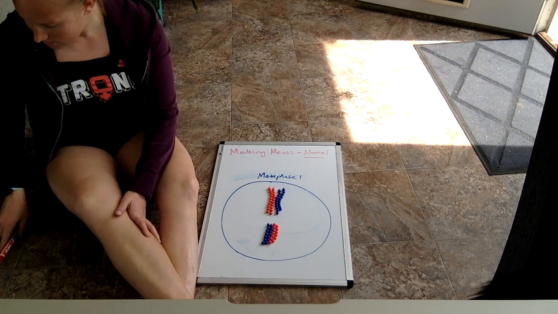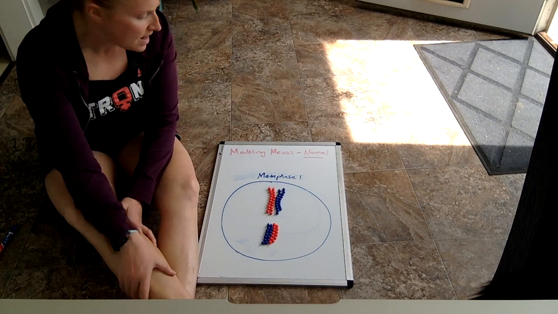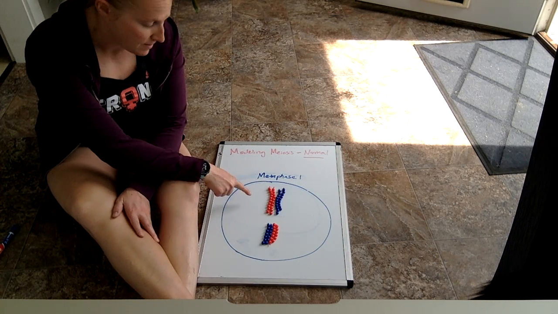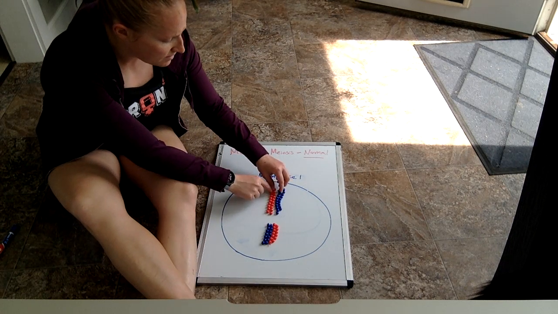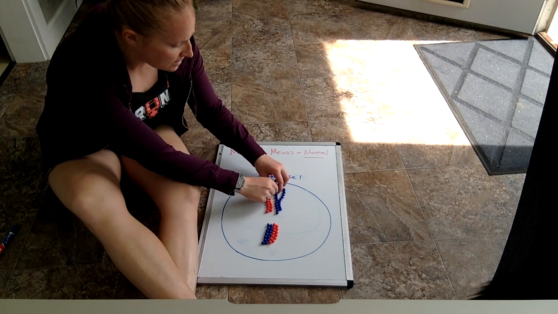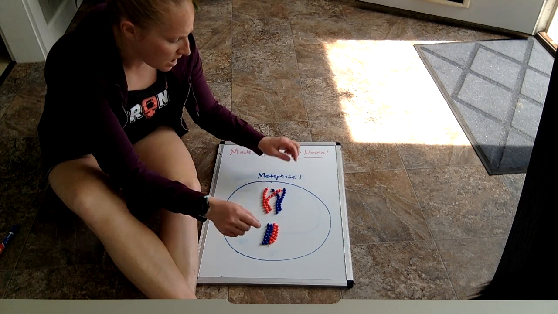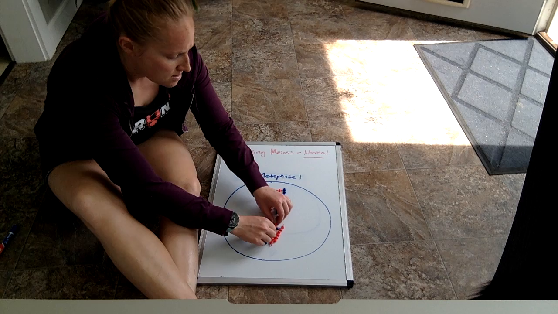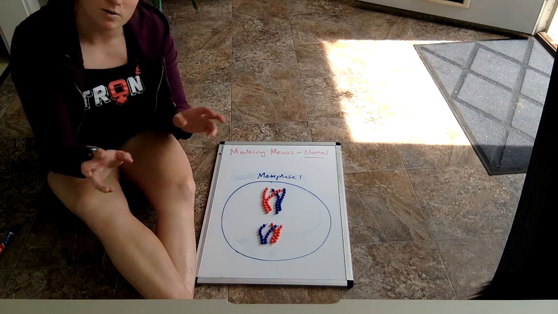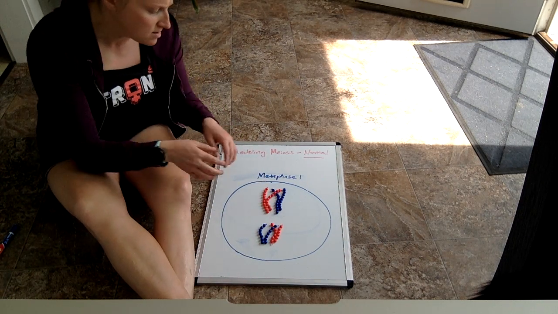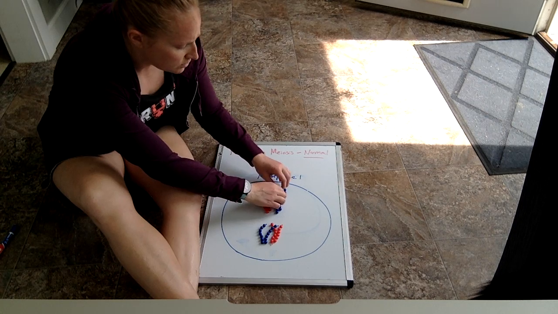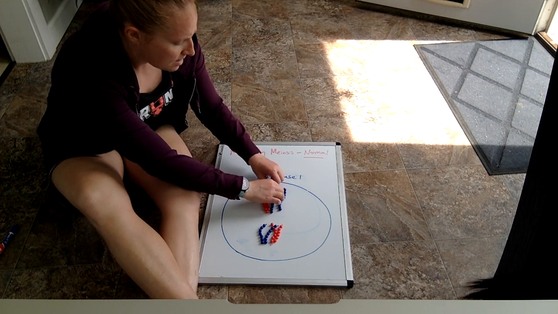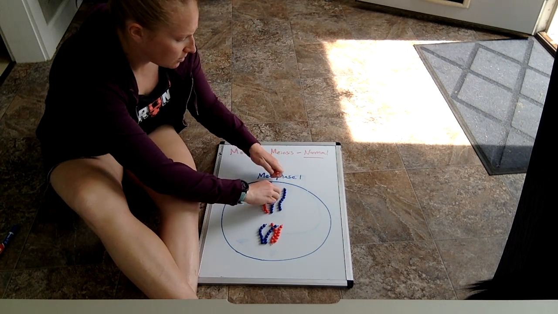Okay, so metaphase 1, they're lining up, and there's something special that happens in meiosis compared to mitosis. And in metaphase 1 is when it happens. In metaphase 1, these two, so focus on these guys. These are going to do what's called crossing over. The red and blue ones that are touching each other in the middle are going to swap ends of the chromosomes.